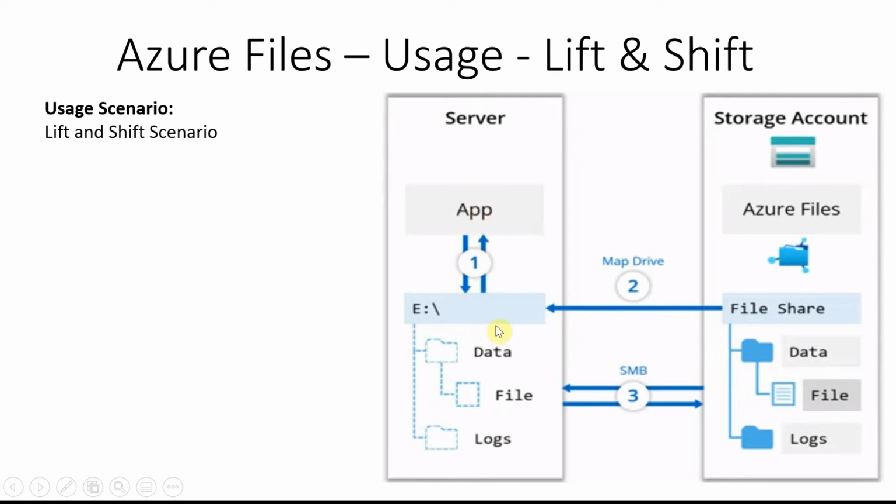For example, this is an FTP file server, where a lot of files and logs will be stored. Your file server will be connected as an E drive, F drive, or Z drive, so your application can access it. This is the on-premise scenario, right?